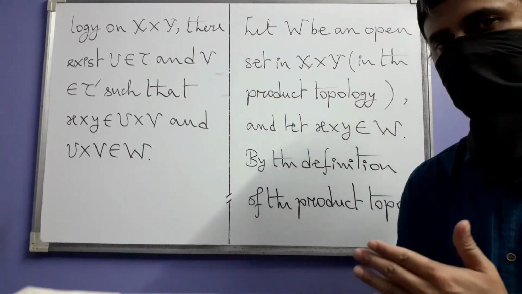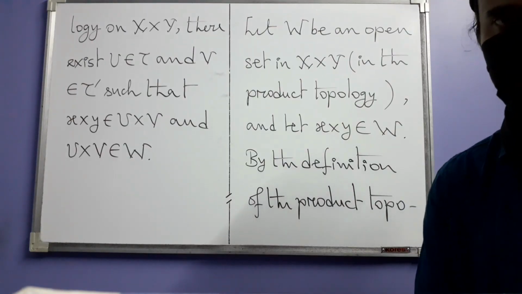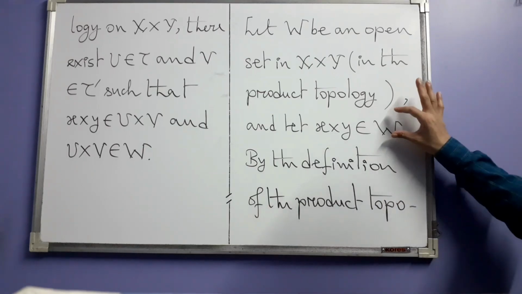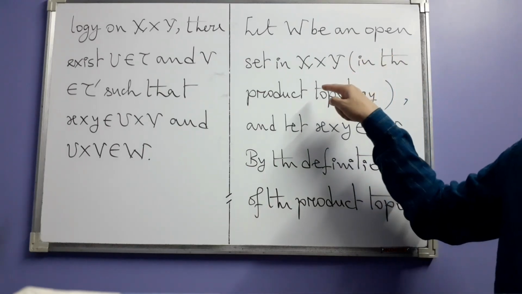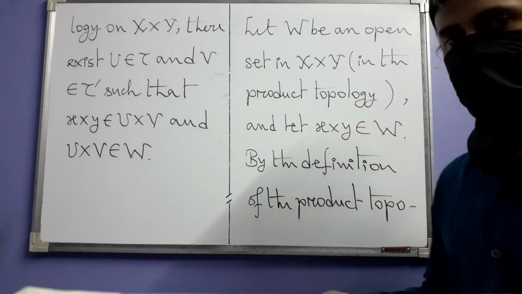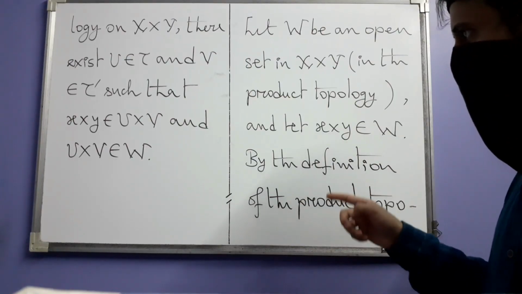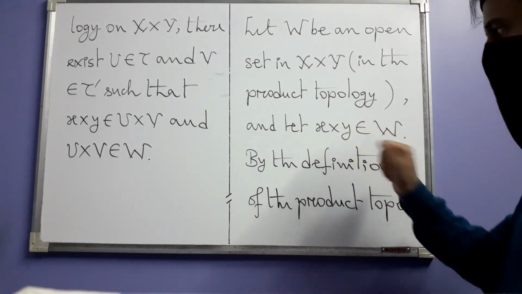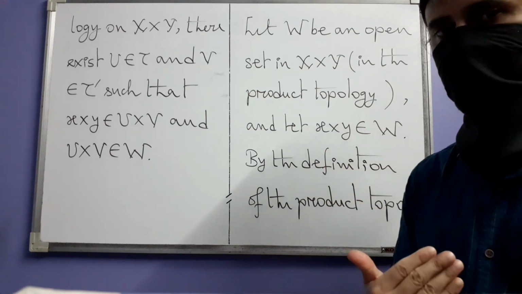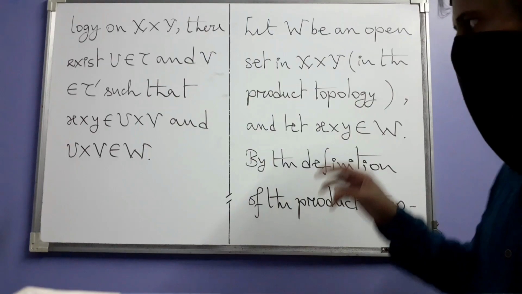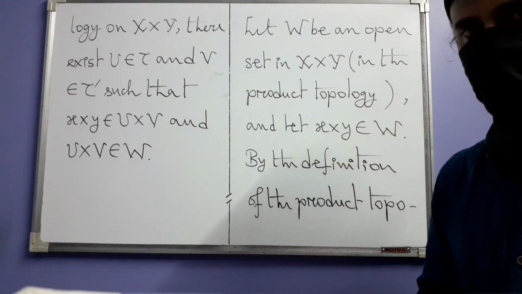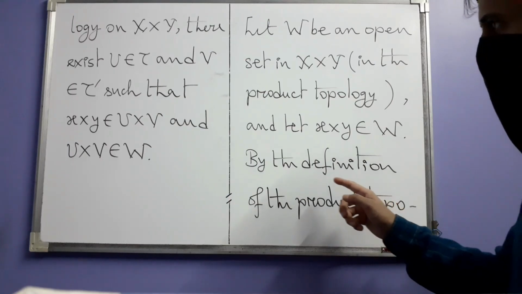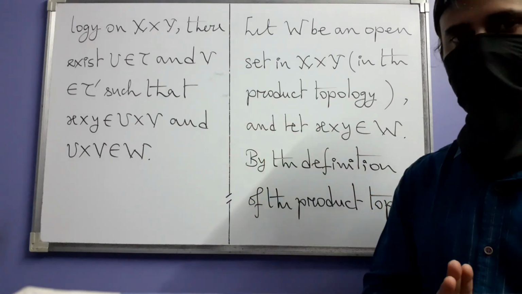We use the definition of the product topology at this stage. Because W is open in the product topology and (x, y) is a point inside of it, there will be a basis element of the product topology that contains (x, y) and is itself contained in W, because that's how open sets behave in a topology given by a basis. So how does a basis element in the product topology look?